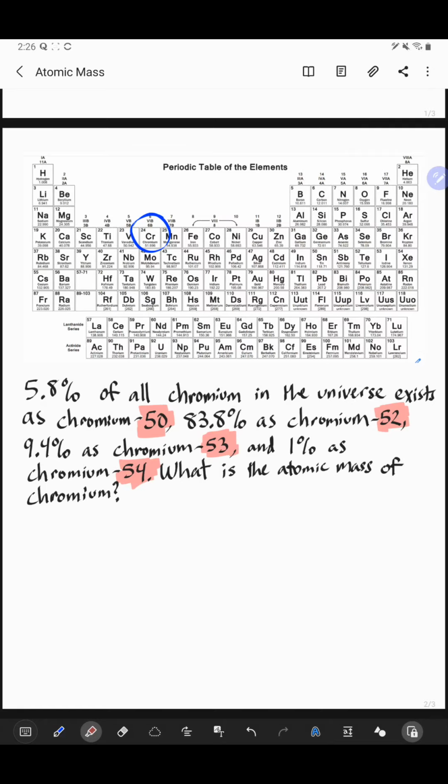Keep in mind that an average is the average number between two or more values, and we emphasized that it is between those values.